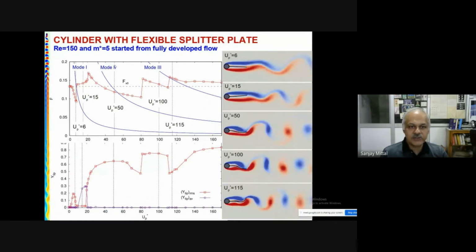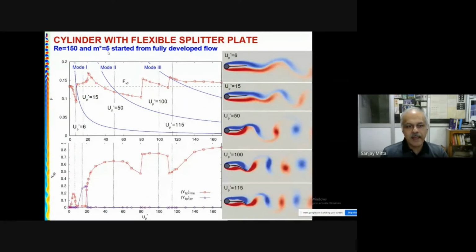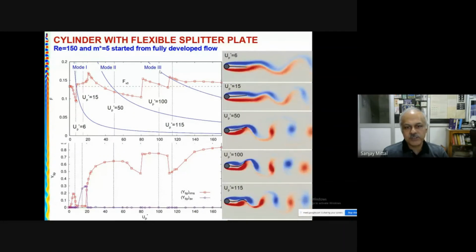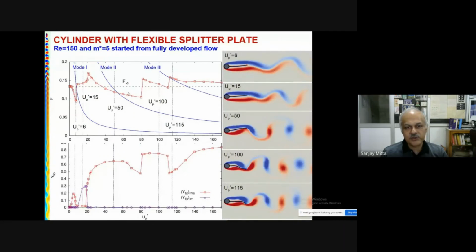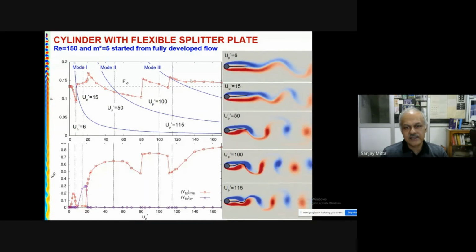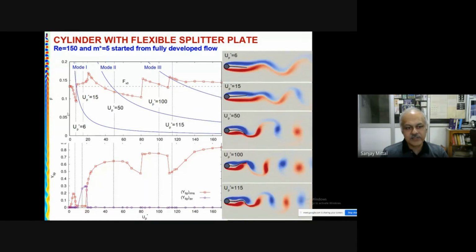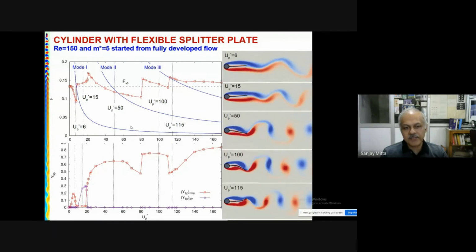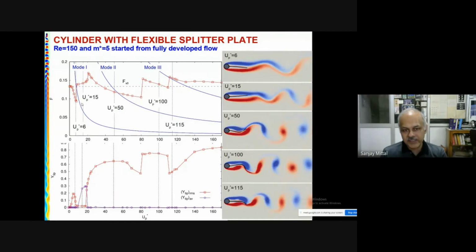The M star shown here is 5. These are now different modes: mode 1, mode 2, mode 3, and the response is shown in the red line, the frequency and the amplitude. The lower picture is the amplitude, the upper picture is the frequency.